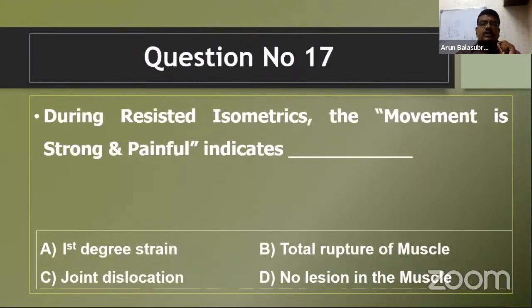Right, question number 17. In resisted isometric testing, a movement that is strong and painful indicates what: first degree strain, total rupture of muscle, joint dislocation, or no lesion in the muscle? This concept was developed by Janda. Excellent, it is first degree strain.